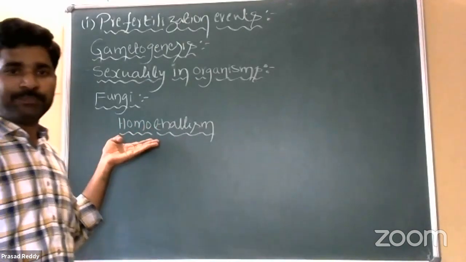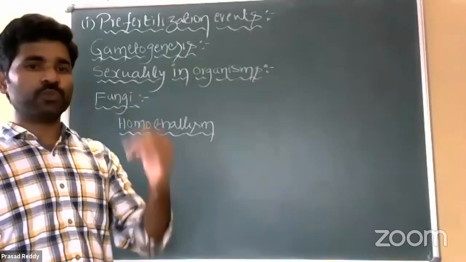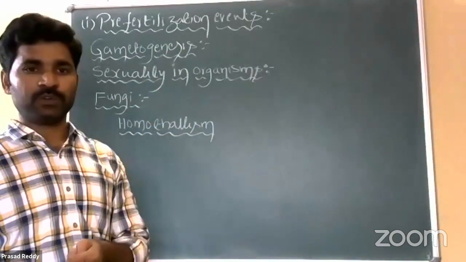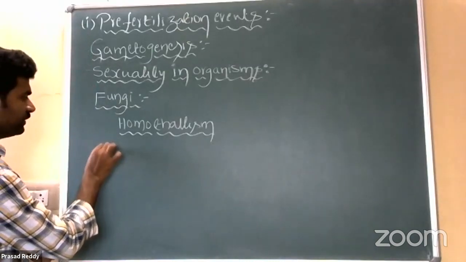Here, homothallism. Homo means same. Thallus means which is not clearly differentiated into root, stem, and leaves. So now come to the homothallism definition.